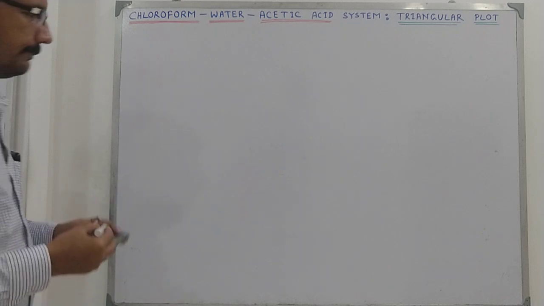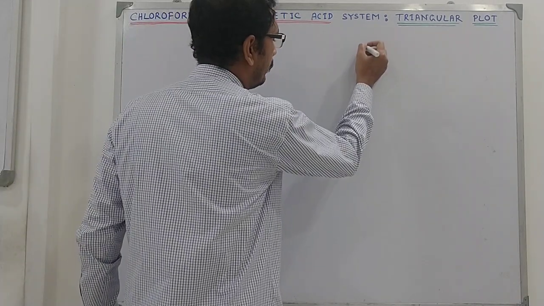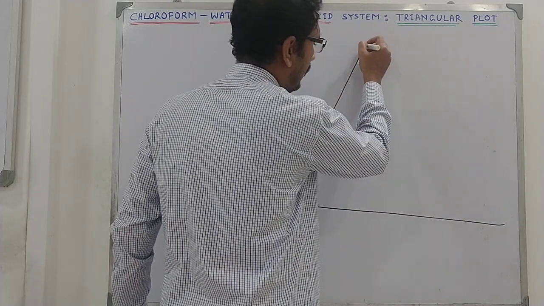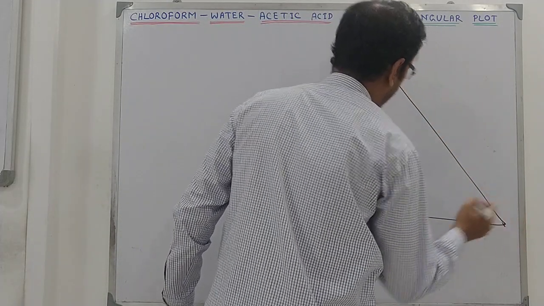Now for such a system, we will use the triangular plot, again an equilateral triangle.